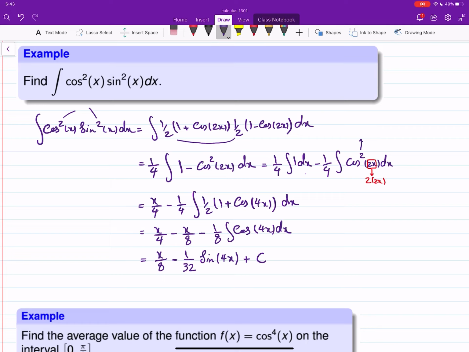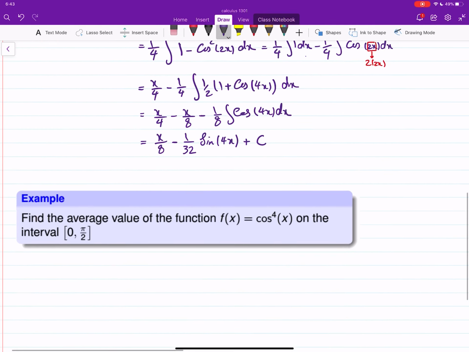So after using the power reducing or half angle formulas, we did expand it and repeat the process. Sometimes you have to do exactly the even power strategy, or maybe you need to use the odd power strategies as well. Okay, let's do another example here.